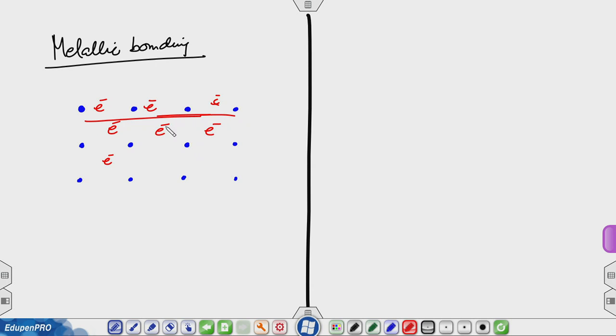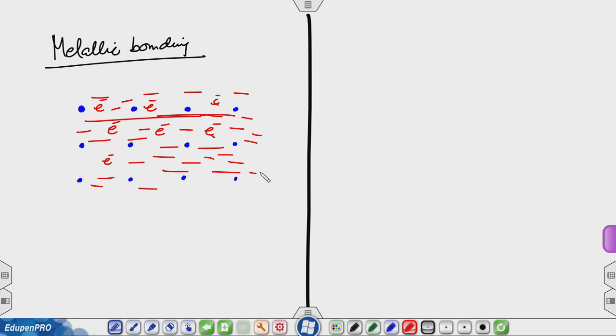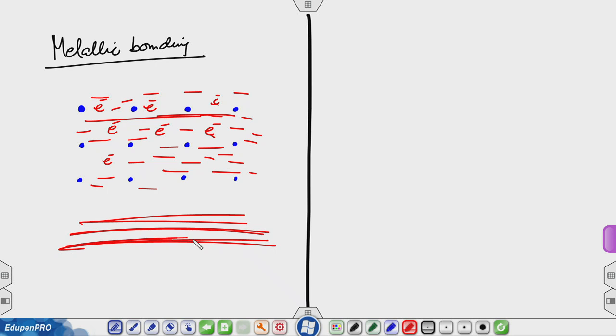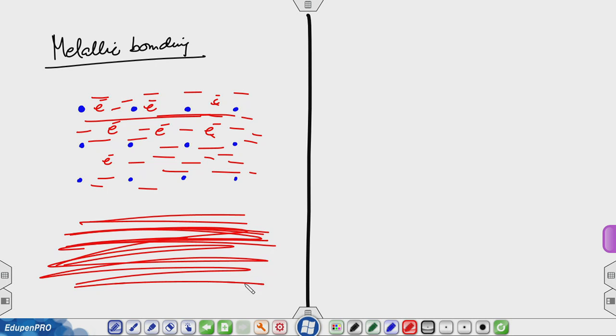They are going all over the place. And in the sea of electrons, right, let me make the sea of electrons. You have these ions which are sitting here.